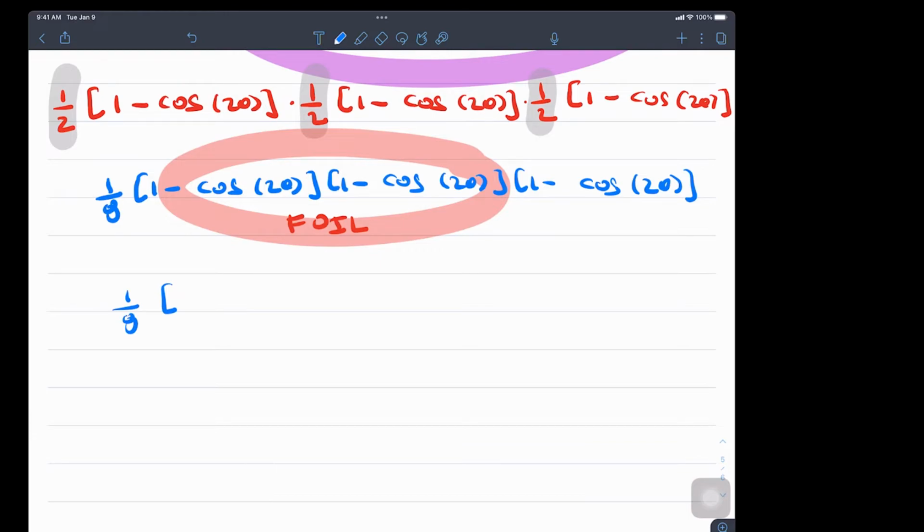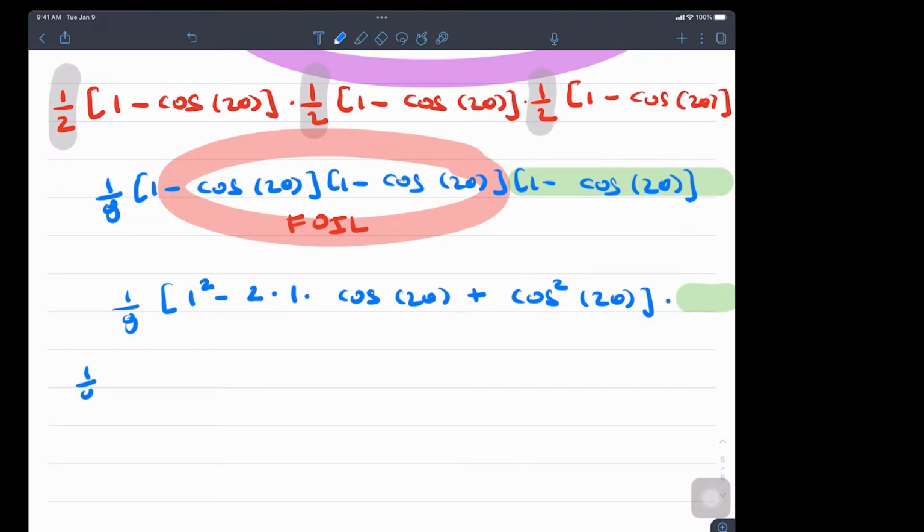1/8. Now remember, which formula do I use? Isn't this going to be 1 squared minus 2 times 1 times cosine double theta plus cosine squared double theta, okay? I'm going to color this green because I don't have space. Times the green, because we're going to need some space here.